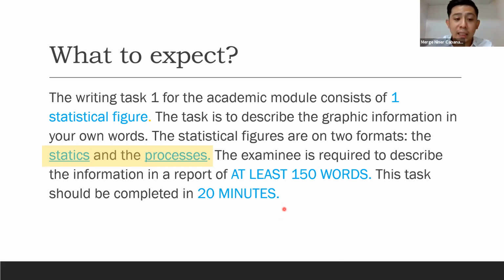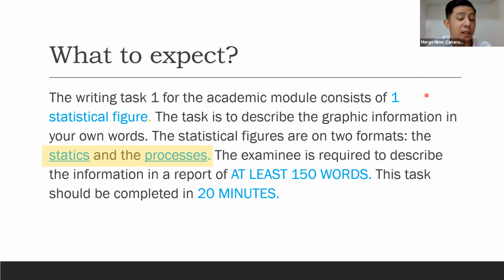Because in statics, you will not just see one pie chart, one bar graph, one line graph, or one table. You will see 4 pie charts maximum. You will see 2 bar graphs and 1 line graph below. You will see 3 line graphs, and you will see 2 tables plus 1 pie chart.